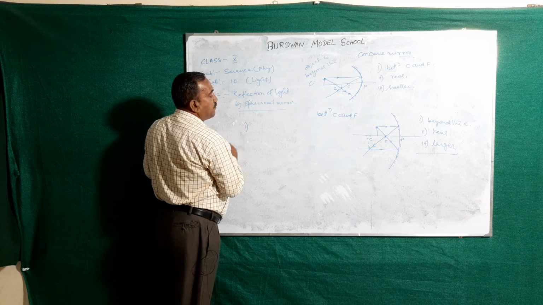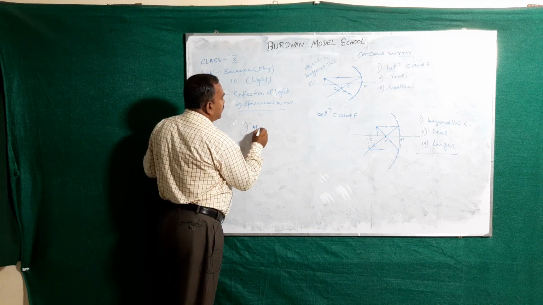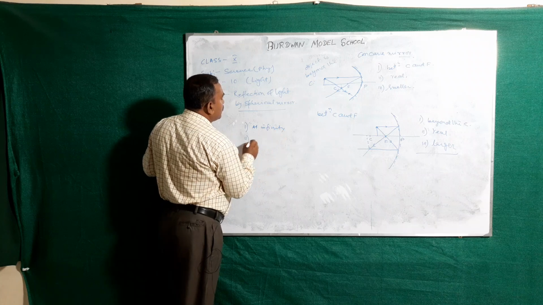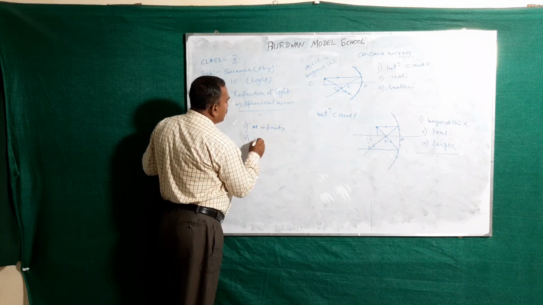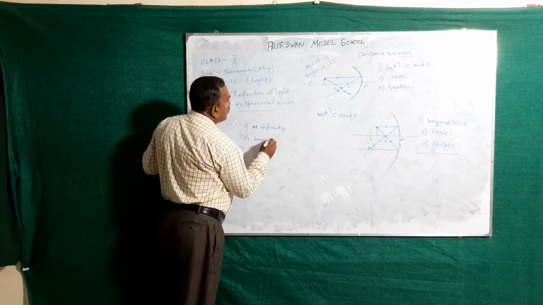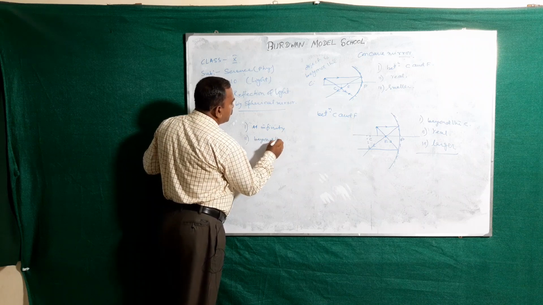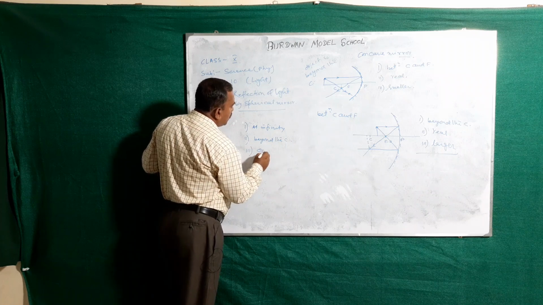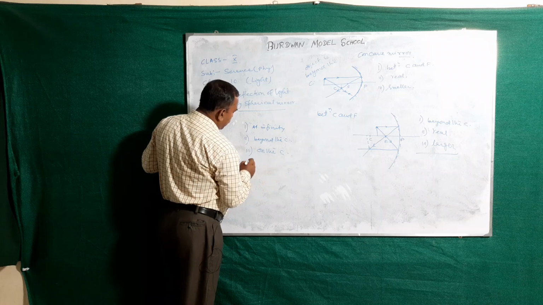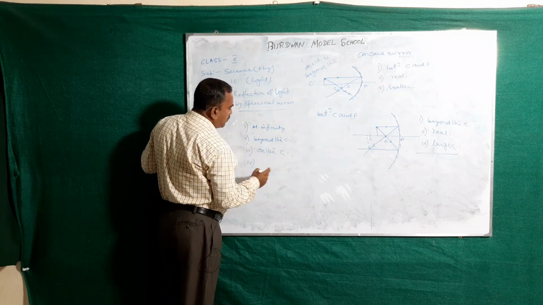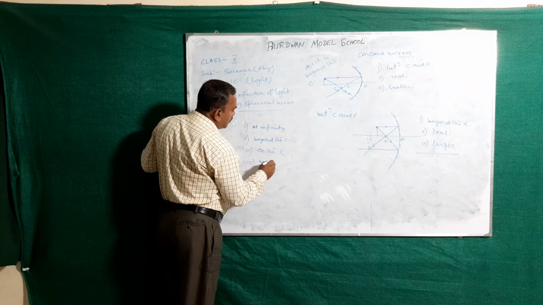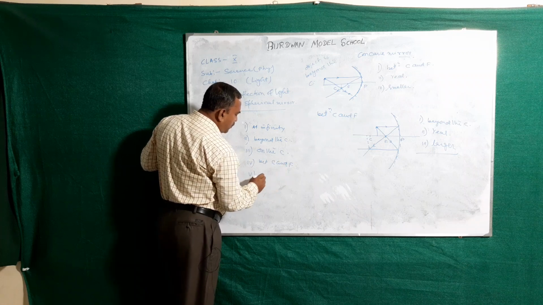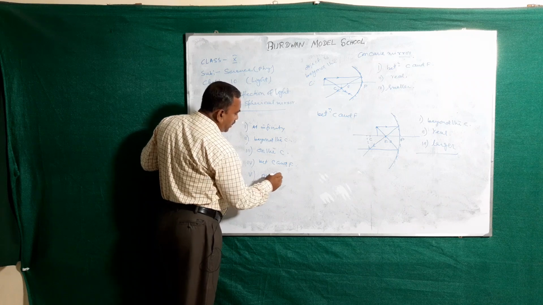First, if the object is placed at infinity. Second, the object is placed beyond the C. The object is placed on the C. The object is placed in between C and F. The object is placed on focus.